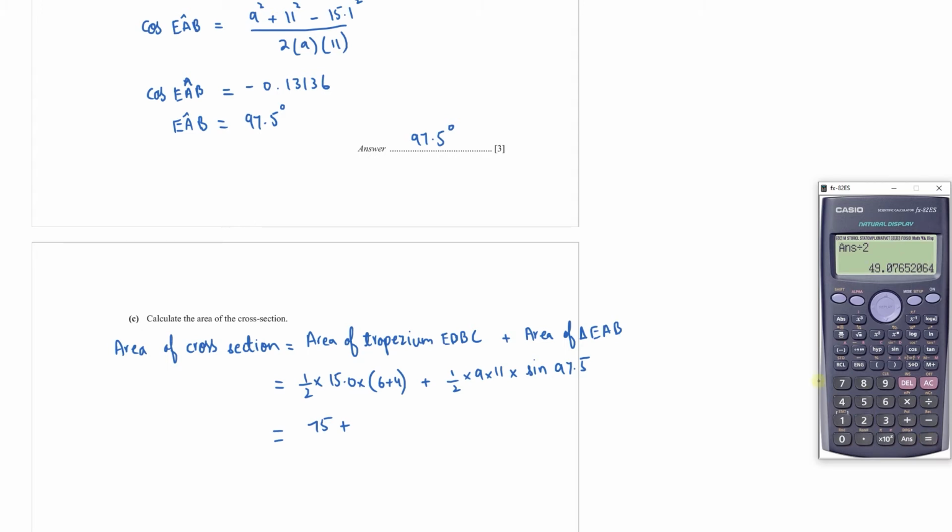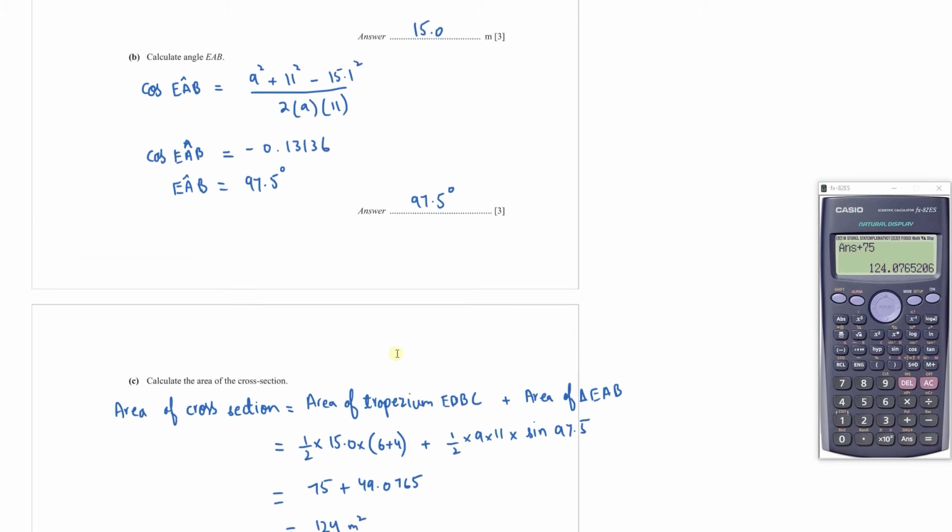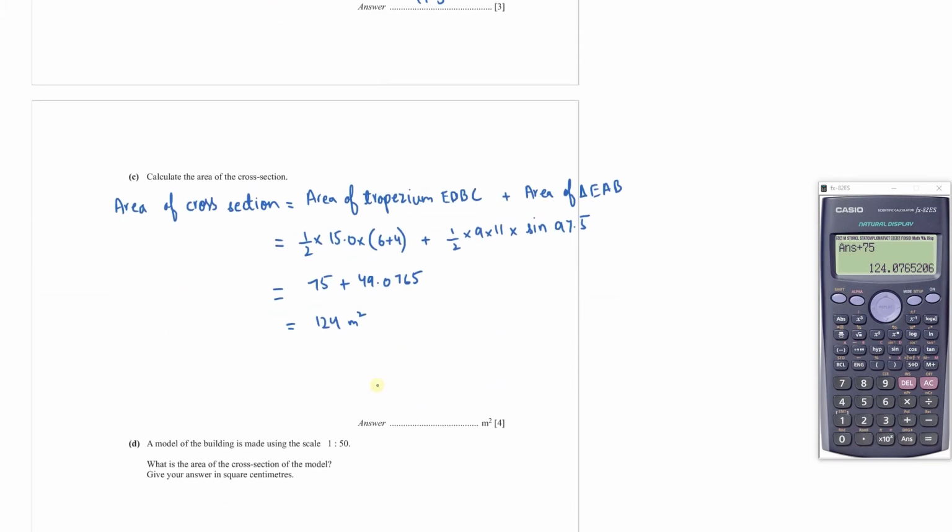So this is 49.0765, and then plus 75. So this will be 124.076. So up to 3 significant figures, this will be 124. So 124 meters square will be the area of the cross section.